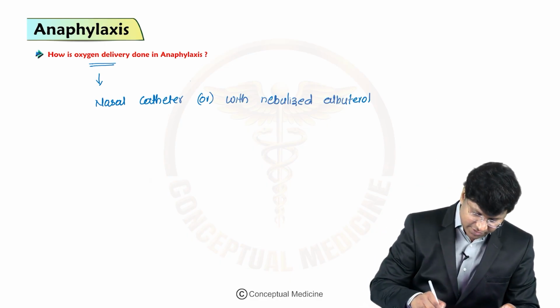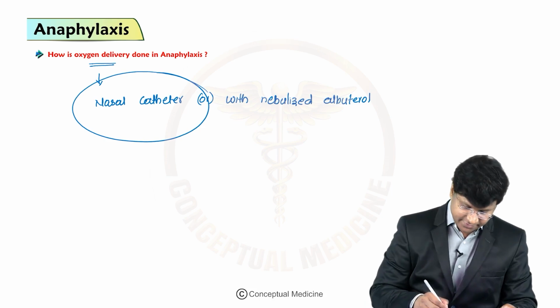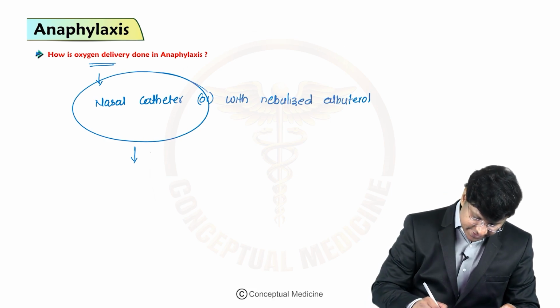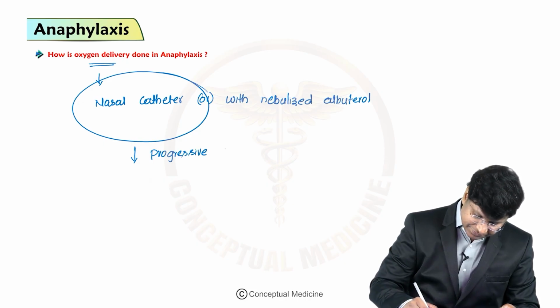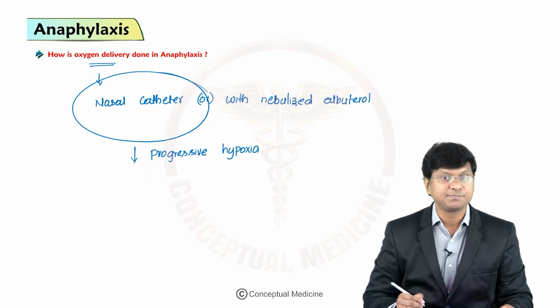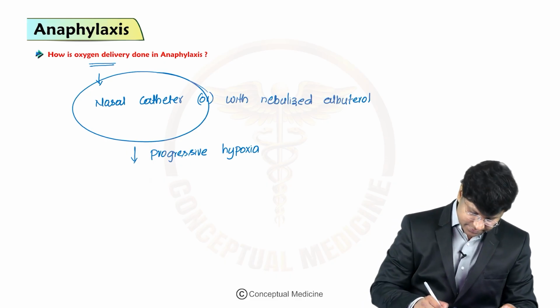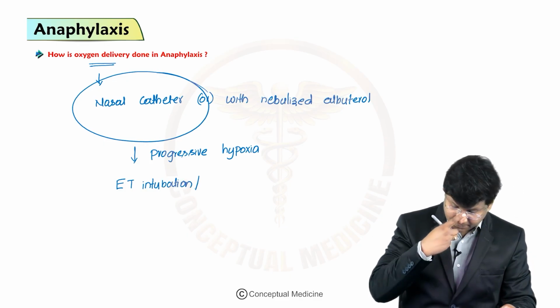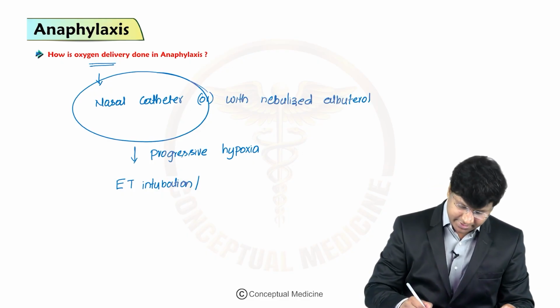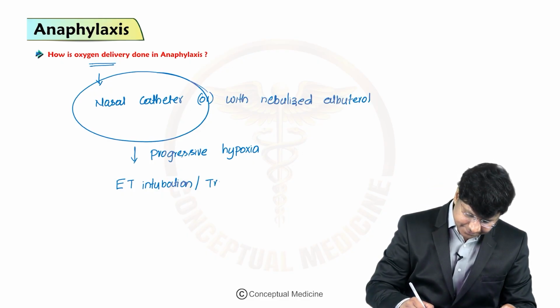So in spite of giving oxygen via nasal catheter, suppose there is progressive hypoxia, then endotracheal intubation or tracheostomy is mandatory.